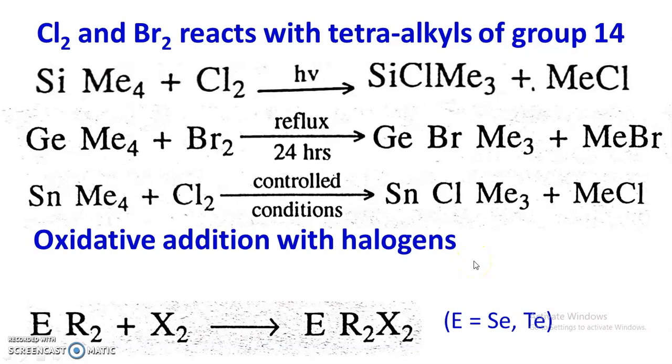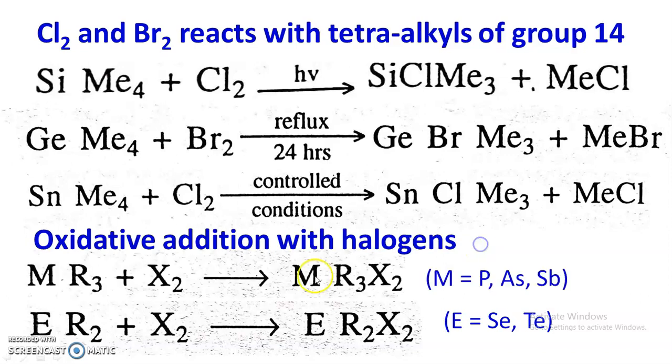The next part is oxidative addition with halogens. Here, especially chlorine and bromine react with tetraalkyls of group 14.